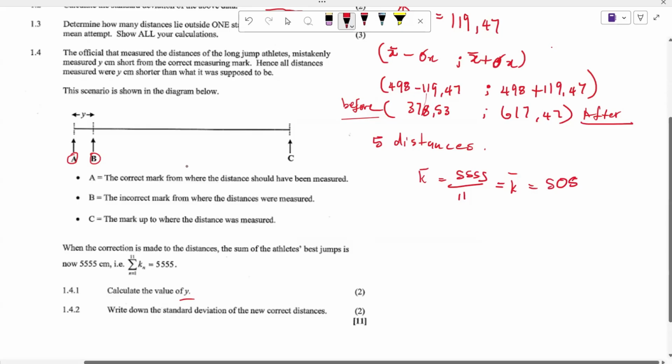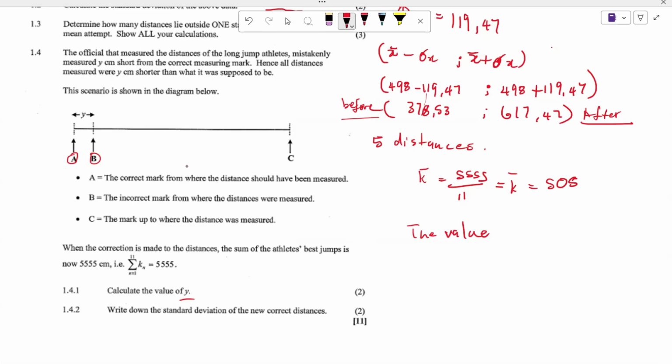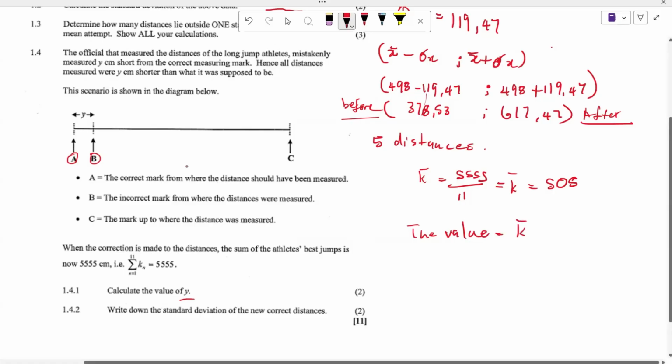550 altogether, right? Now, to find out the value of Y, remember this is not the Y, but this gives you the average of the distance. Now we know that the average is going to be the new average subtract the mean, which is the previous mean.